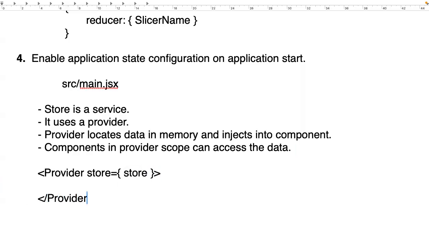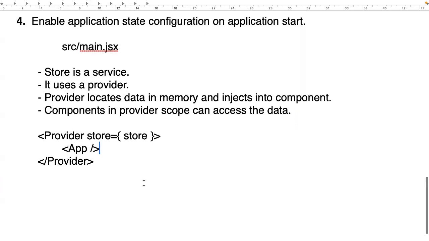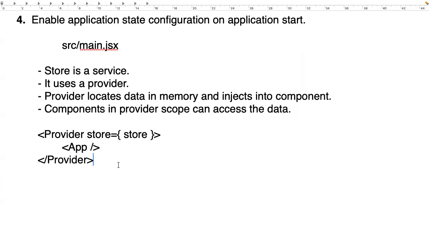Inside this provider, your app should work. That means your component, like the to-do index, should be inside the provider scope. Already we are using a cookie provider. Same way, we have to use a store provider also.